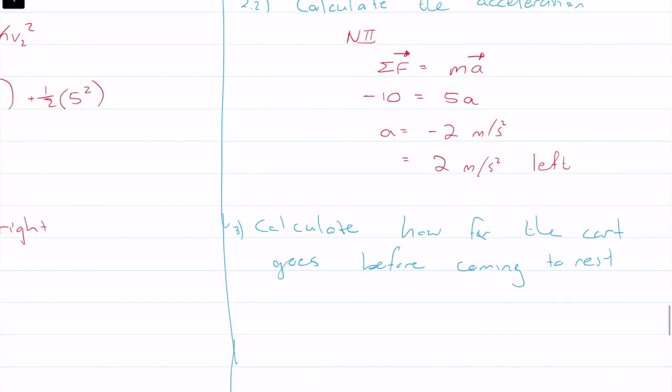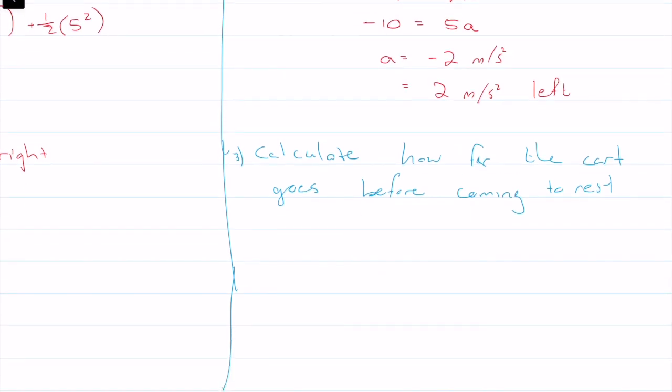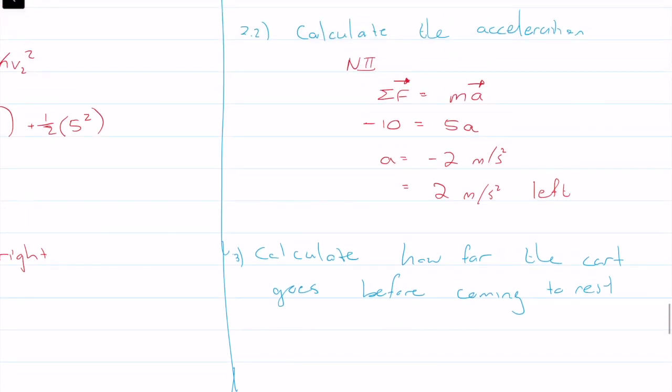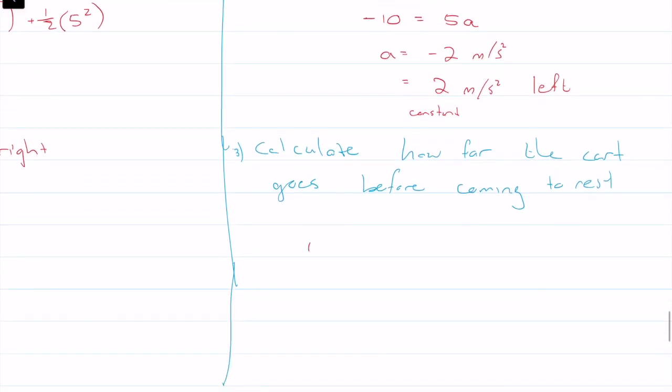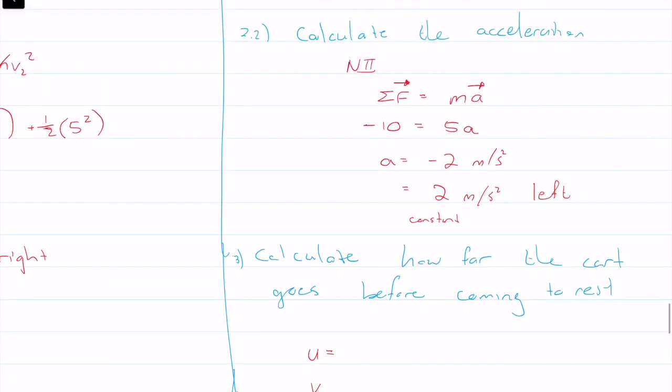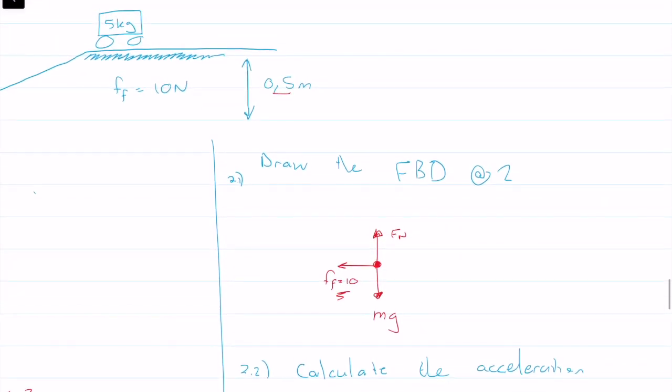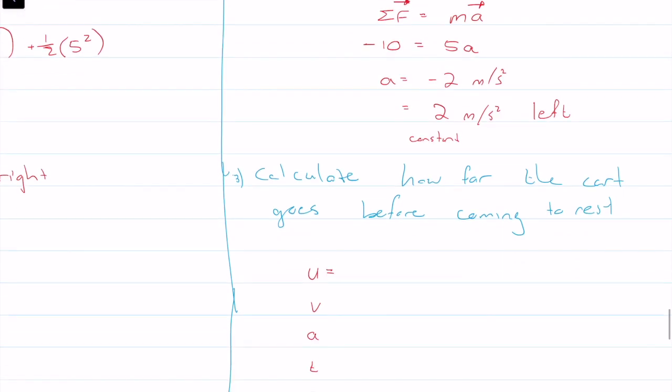Okay, and then it says calculate how far the cart goes before coming to rest. Okay, so how are we going to do this? Okay, so we know we're experiencing a constant acceleration here, so this is the perfect place to use some UVATs. Okay, our initial velocity is 5 meters per second.